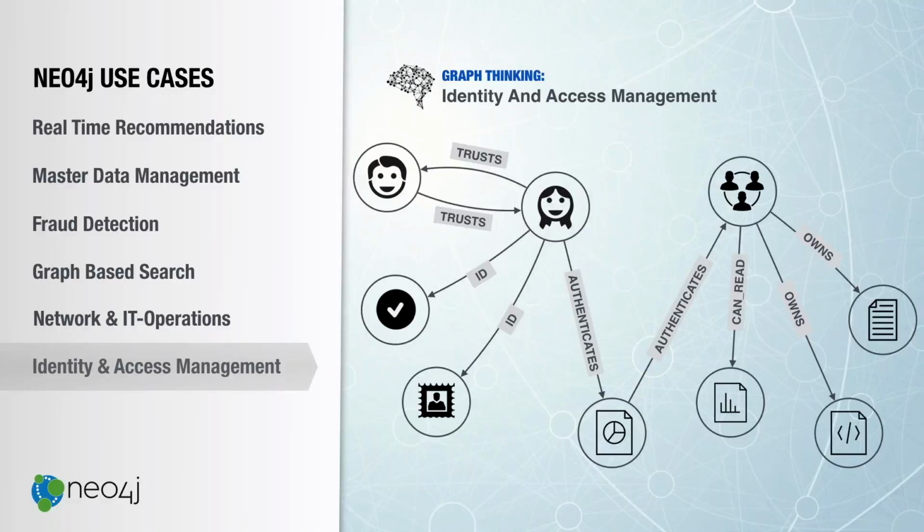So if you think about your organization and how it is represented for access management, you might be granted access to a document or an application based off of your role or your title, or you might be granted access based off a combination of your role as well as which part of the organization you are in and things like that. Well, these are often represented in LDAP directories, but LDAP directories are a strict tree hierarchy.